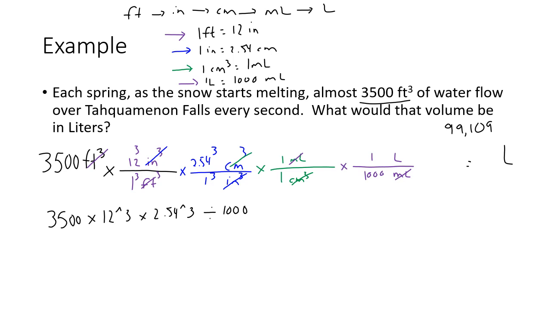But as with other problems, we have to look at how many significant figures are in our original value. There are 2 sig figs in our original value because, again, there's no decimal at the end of this value. It's indicating that the 3,500 cubic feet isn't wildly precise, and so, again, I can't indicate that much precision. I need to then round this off to 2 significant figures and write down 99,000 liters.